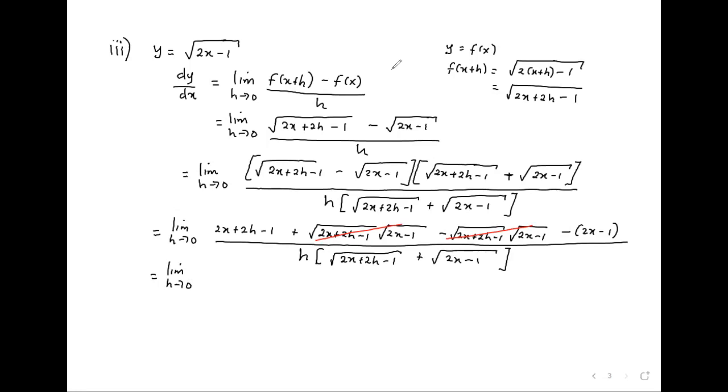And when we expand, we'll have the limit 2x plus 2h minus 1, then expand there, we'll get that over the h, and then the root of 2x plus 2h minus 1 plus 2x minus 1.